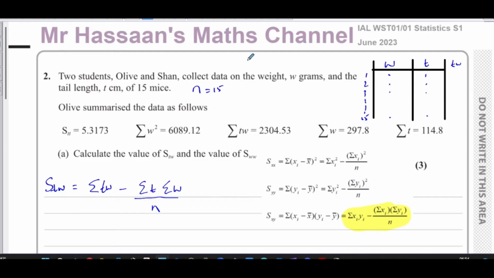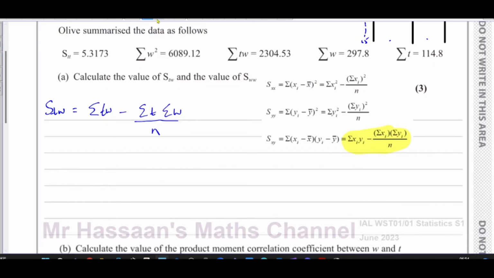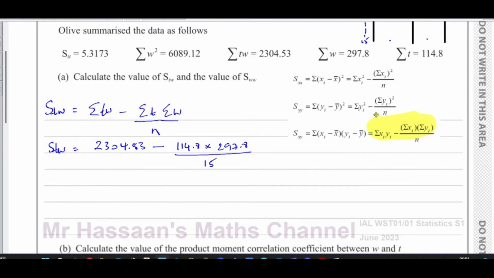Now we just need to put the correct values into the equation. So STW is going to be the sum of TW, which is 2,304.53, minus the sum of T, which is 114.8, times the sum of W, which is 297.8, over N, which is 15. That's going to give us what we're looking for.